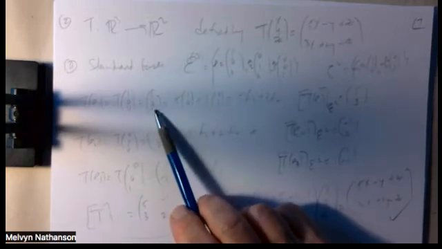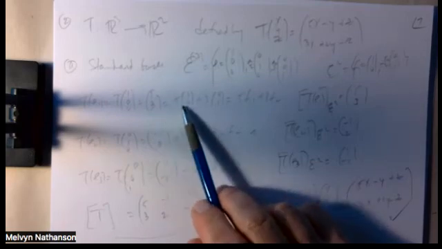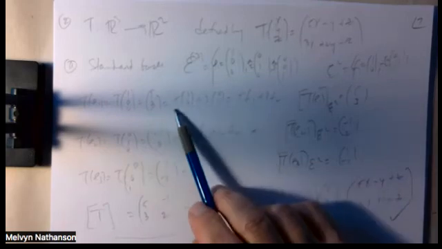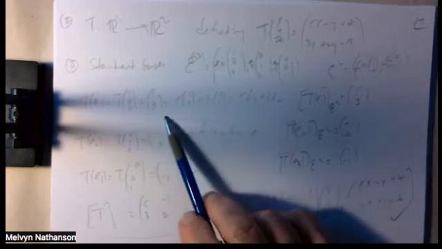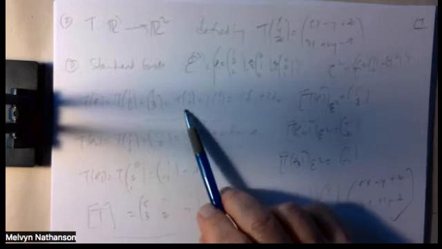But I want to express this in terms of my basis, 1, 0, and 0, 1. But 5, 3 is 5, 0 plus 0, 3, which is 5 times 1, 0 plus 3 times 0, 1. And 1, 0 is the basis vector F1, and 0, 1 is the basis vector F2.